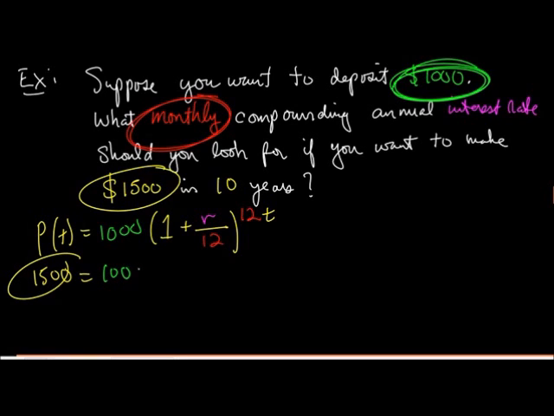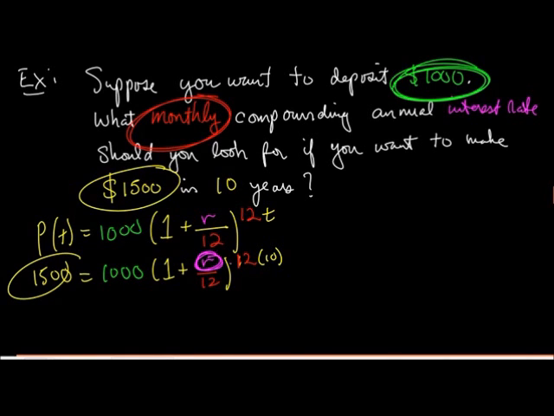So 1,500 should equal 1,000 times 1 plus the interest rate, which we don't know, divided by 12, raised to the 12 times 10 power, because 10 is the number of years we want to make $1,500 by. Okay, so you see when we solve for this, that r now is sitting inside here.